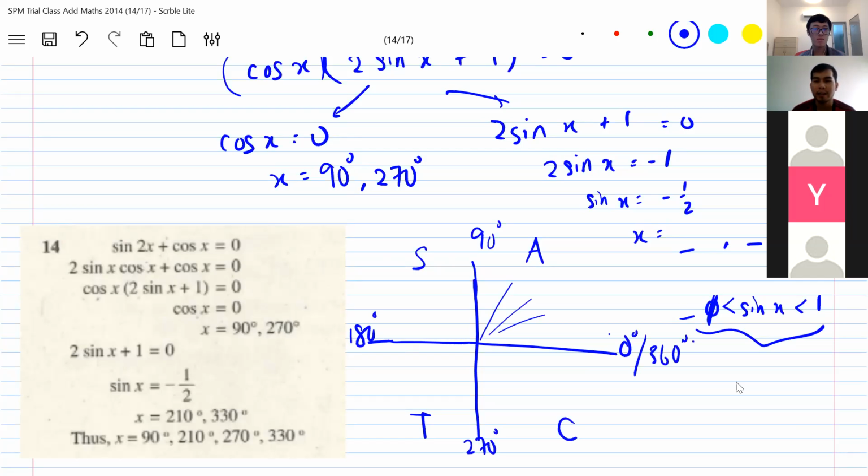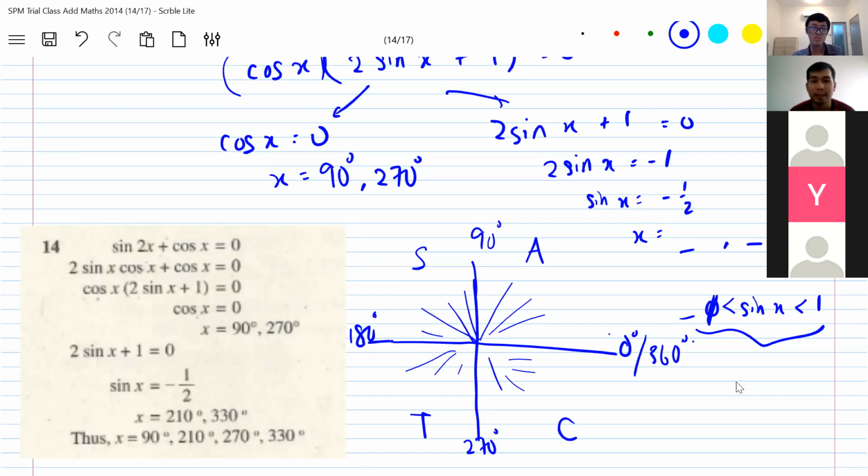Any angle here, say from 0 to 90 degree, if you sine it, tangent it, or cosine it, your answer would be positive. You can try it at home, literally any numbers there. In this region, however, from 90 to 180 degrees, only the sine of that angle would be positive. A tangent and cosine of any angle in that quadrant would be negative. So that's why S stands for sine, and accordingly for T and C. In this quadrant only tangent will be positive, and in this part only cosine.